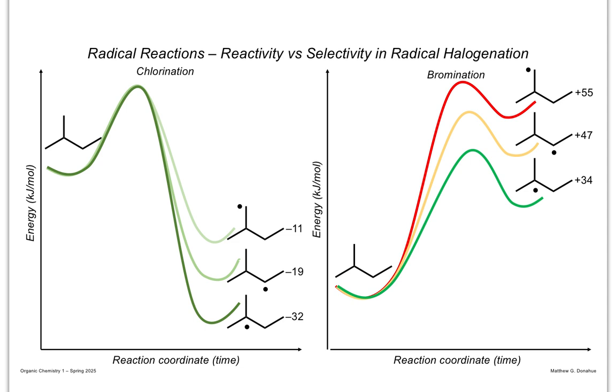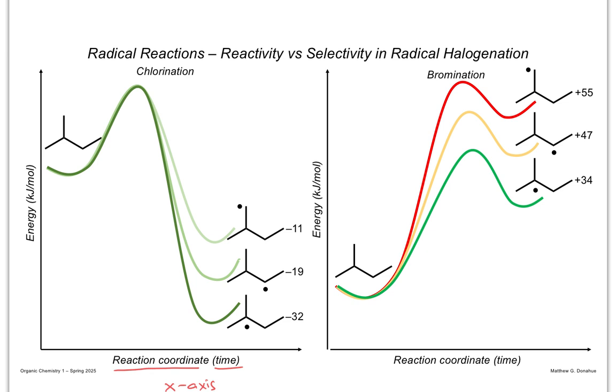So I'm showing you a portion of the reaction coordinate. On the x-axis, it's time. So as time proceeds, we're forming the reactive intermediate. Then on the y-axis is your relative energy.